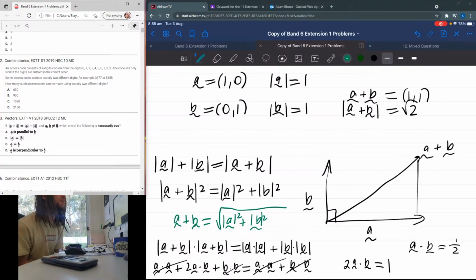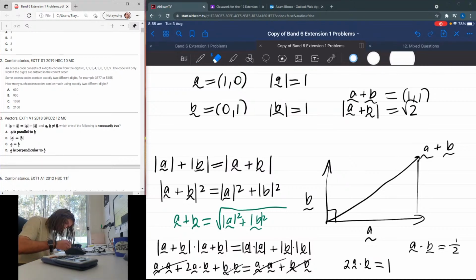There are no solutions to that, because you can simplify to a plus 2a. Is that what I've done here? Oh, 0, not 1. You idiot. Yes, the dot product has to be 0. What have I just proved?